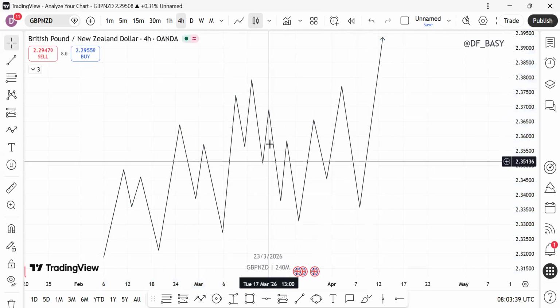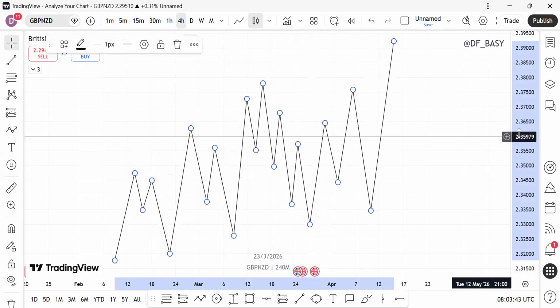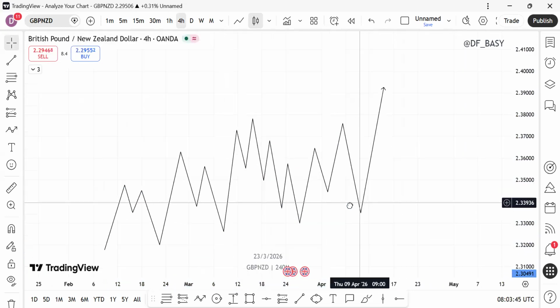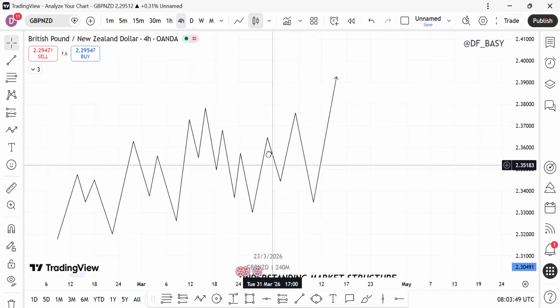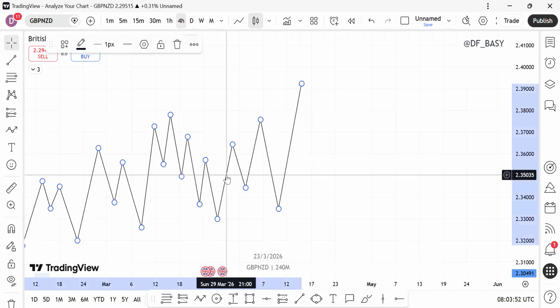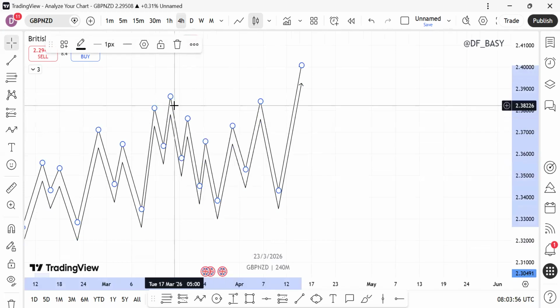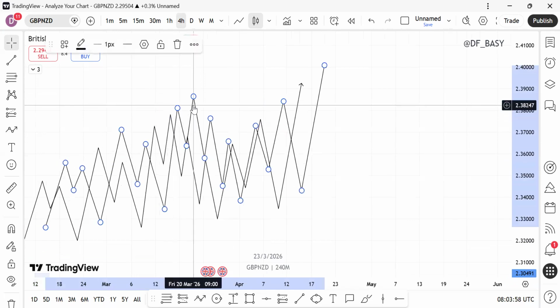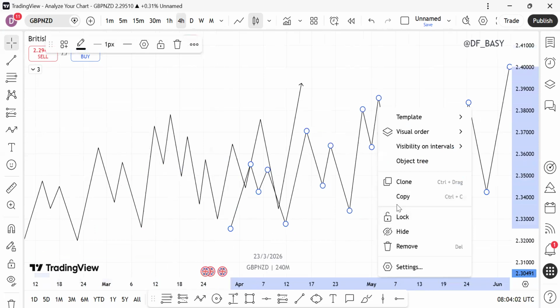Now, in real time, this is what happens in the market. This is how the market structure is. So now, what will I take this as? I'll take this as a bullish market structure. Let me clone this. Is there a way I can flip this?